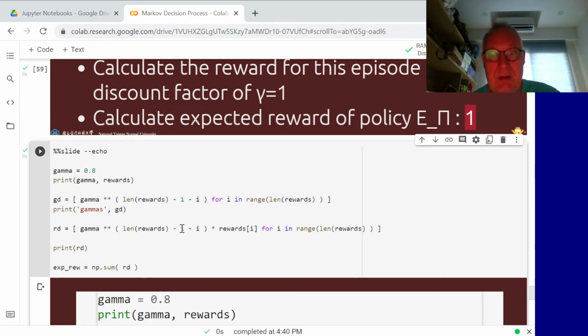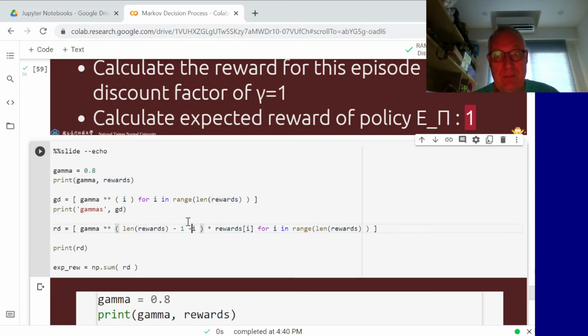But here I have it the other way around, so that should be length of rewards minus i. But why, if I multiply by the rewards of i, how come I end up with zeros then?